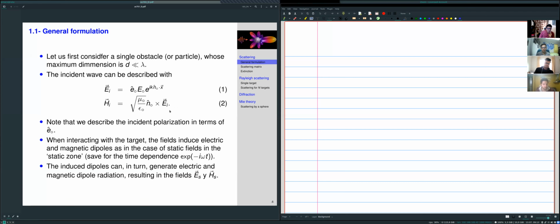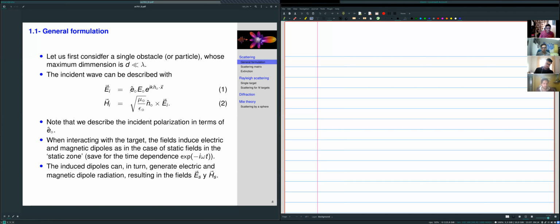Here it's important to bear in mind that we've assumed a harmonic time dependence, so this is multiplied by exponential i omega t. Another important thing to note is this unitary vector that describes the incident polarization.